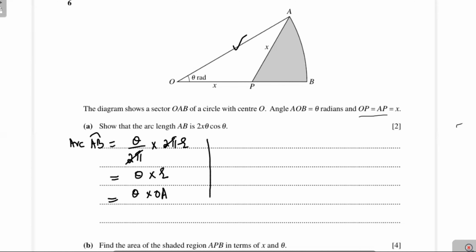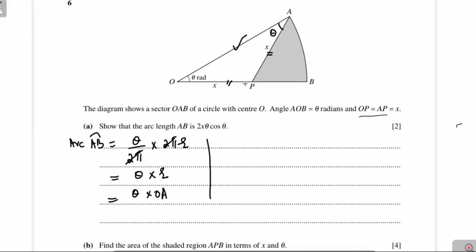How can we find it? This is an isosceles triangle because AP and OP lengths are equal, and therefore the base angles at O and A are the same. This is theta radians, and this is also theta.